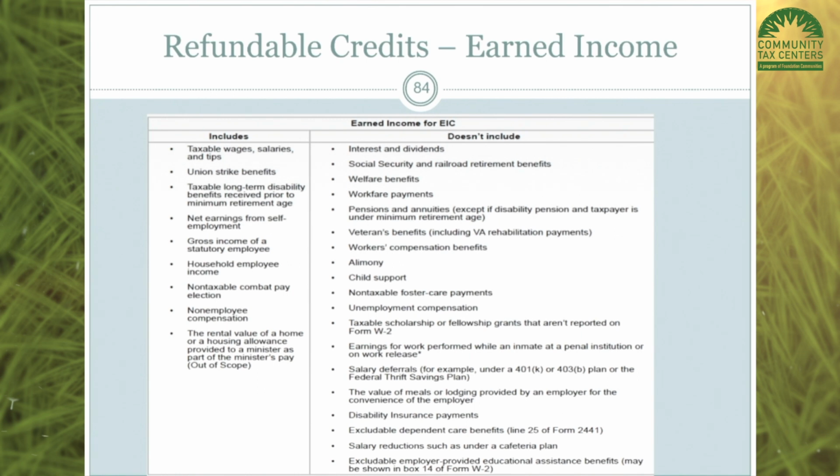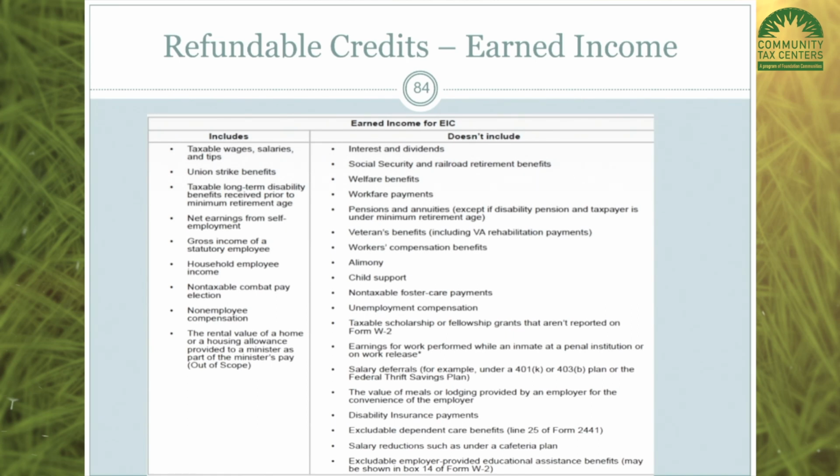So what's not earned income? Interest and dividends, Social Security benefits, welfare benefits, workfare payments, pensions and annuities, so anything on a 1099-R with the exception of code 3 in box 7, veteran benefits, workers' compensation, alimony, child support, unemployment compensation, taxable scholarship and fellowship grants that did not get reported on the Form W-2.